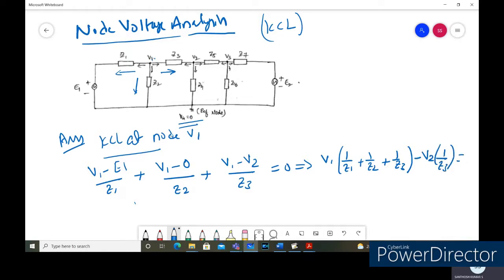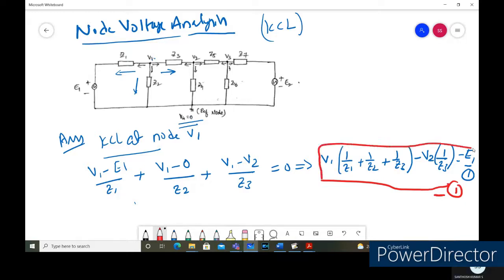So this is equal to E1 by Z1. We call this equation number 1.